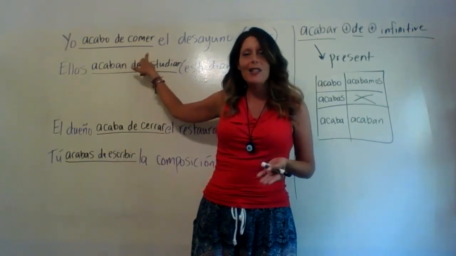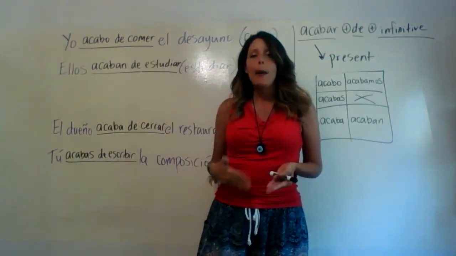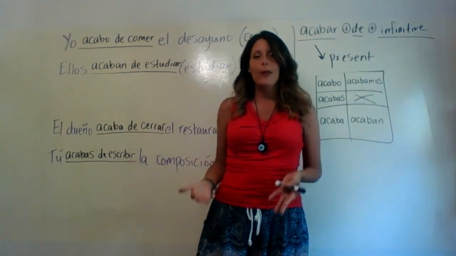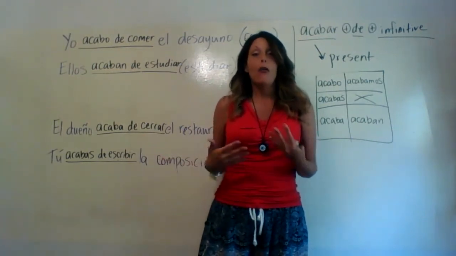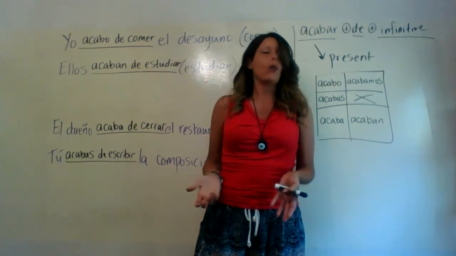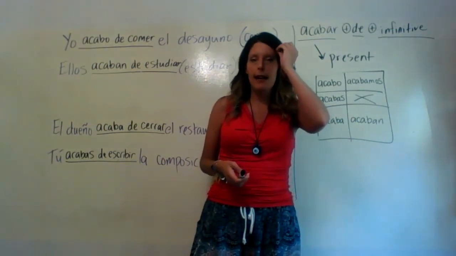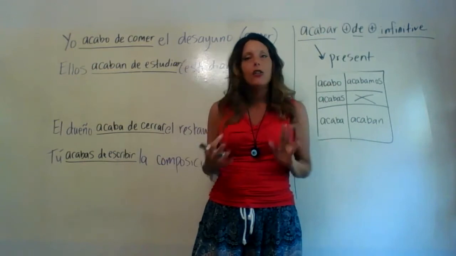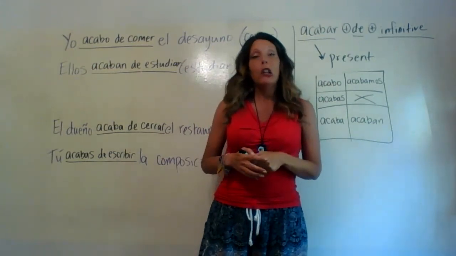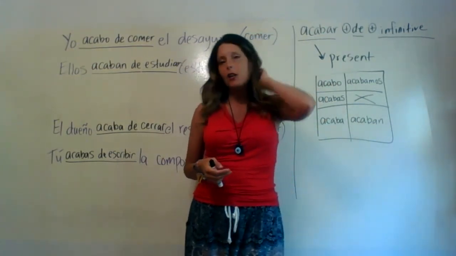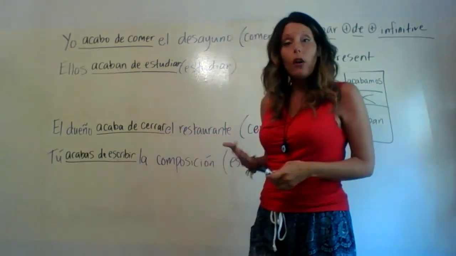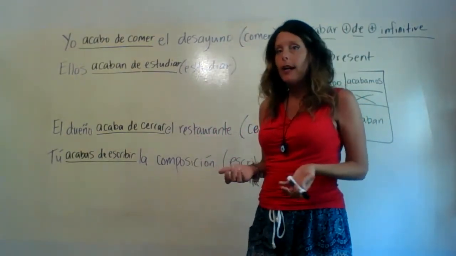So it can't get easier than that. Yo acabo de comer el desayuno means I just ate breakfast. Of course, it doesn't look like a word for word plunk down. It can't be, and it's just something that you have to learn as a common structure in Spanish, even though it's not going to translate word for word in English, but definitely idea by idea.